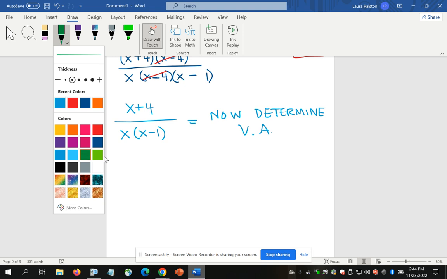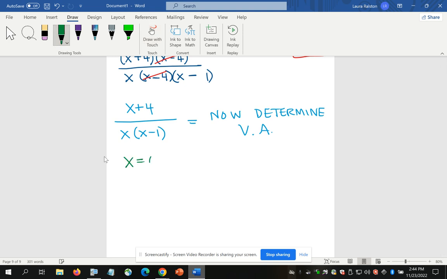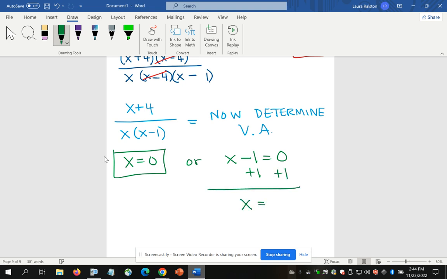So I know that x could be 0 or x minus 1 could be 0. Solving each of those for x, I have a vertical asymptote at 0. I also have a vertical asymptote at 1. So I only have 2 vertical asymptotes.